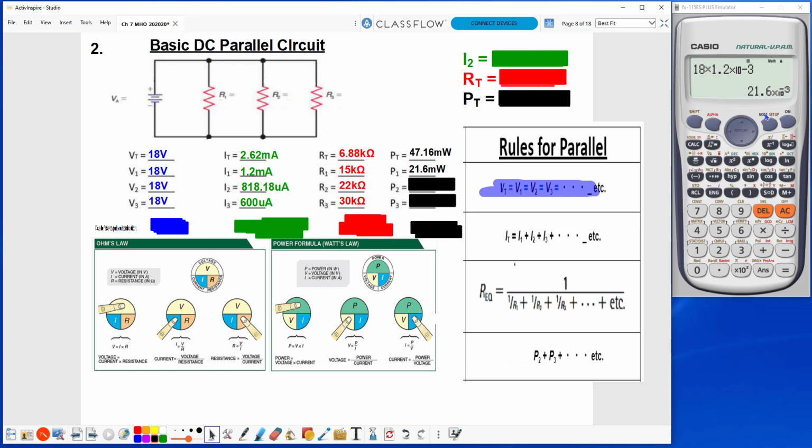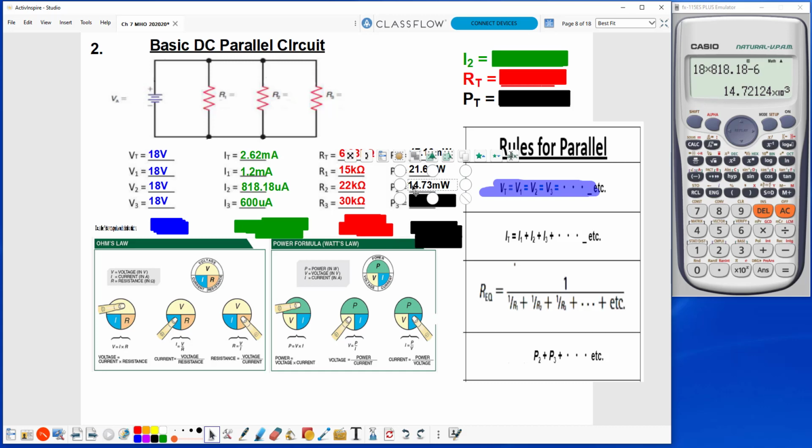I'll leave the 18 volts in there, and I'll change this number here to 818.18 times 10 to the negative 6, equals, hit engineering, 14.72 microwatts.